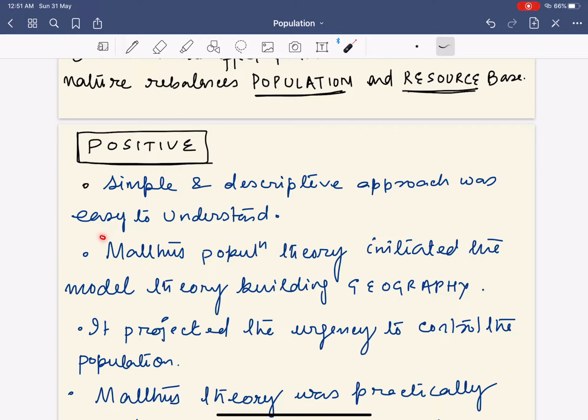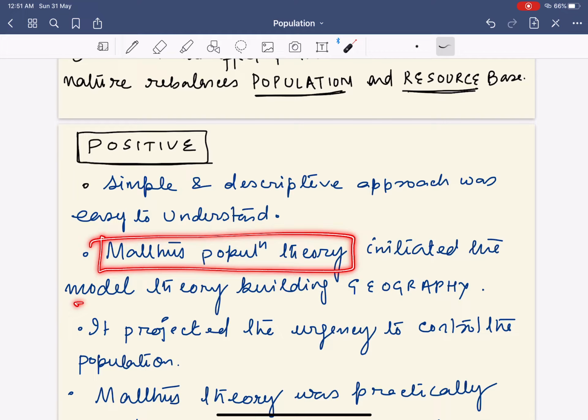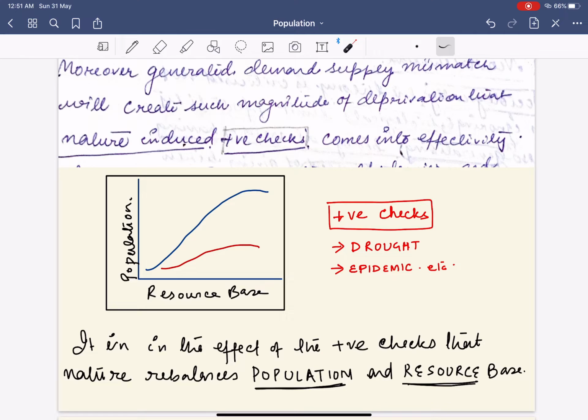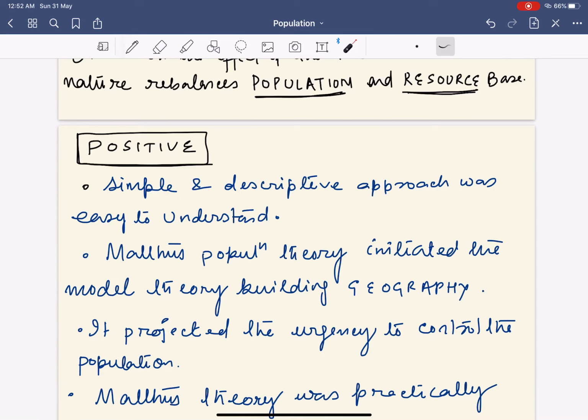Next, Malthus population theory initiated the model theory building of geography. See, this Malthus theory is nothing but a model. What model? The model simply says that if there is a rise in population, there would be overpopulation, there would be a mismatch in the resources, and this mismatch will lead to the positive checks.